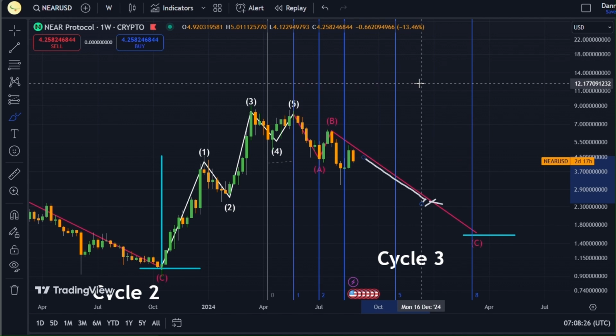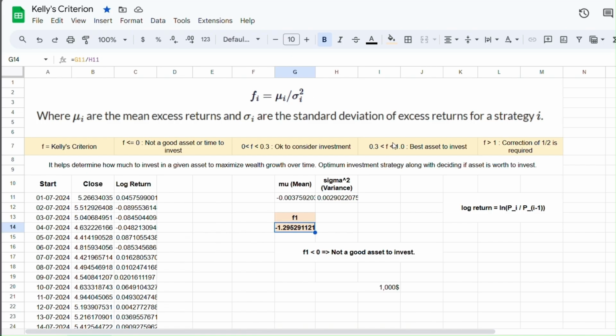Now let us also see other criteria such as the Kelly criterion. We have the estimation of the Kelly criterion, and the number is coming out negative. The Kelly criterion helps to determine how much to invest in a given asset.